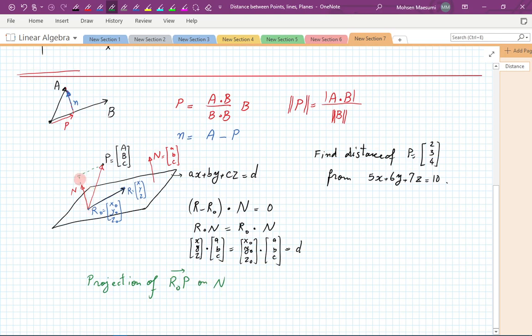What kind of height is it going to have? What's the significance of the length of this projection? Let me again ask you to think about it for a second. If I take P r0 and project it on this vector n, what would be the significance of the length of that projection?